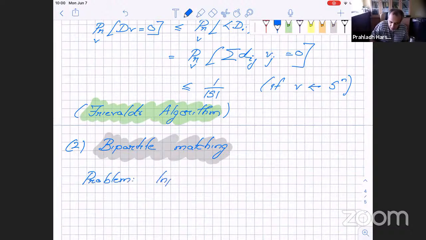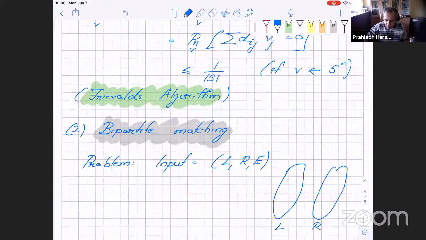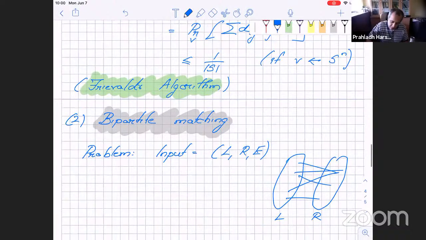The input is, you're given a bipartite graph: a left set of vertices, a right set of vertices, and a bunch of edges. And let's assume |L| = |R| is of size n.